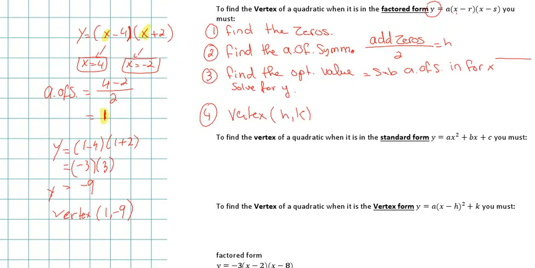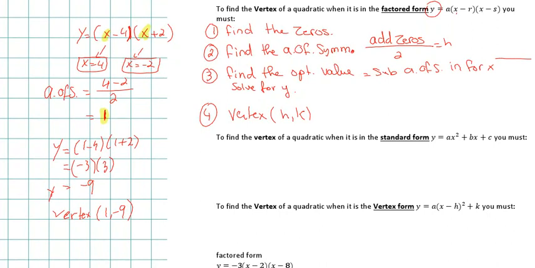Now, if I have standard form. So for you guys, the MBF3C, if you want to find the vertex from standard form, you have to put it in factored form, and then find the zeros same way that we just did.